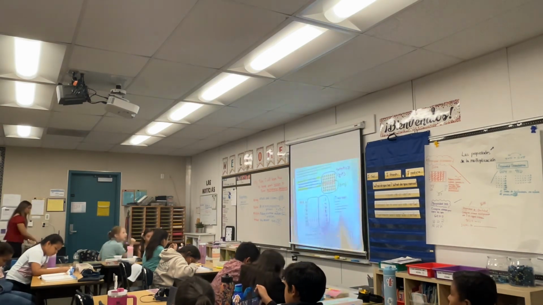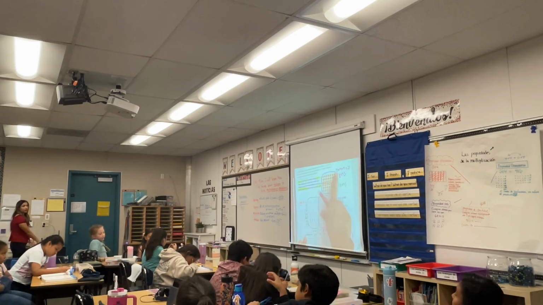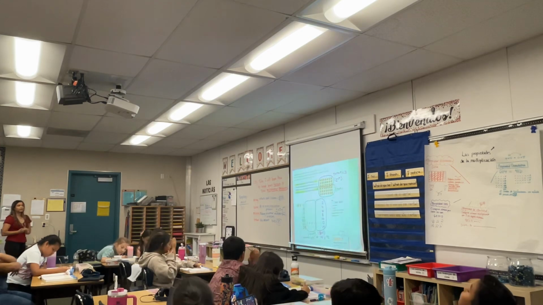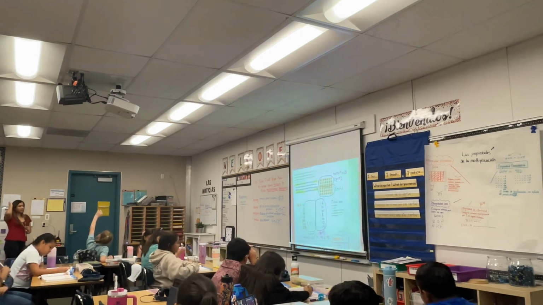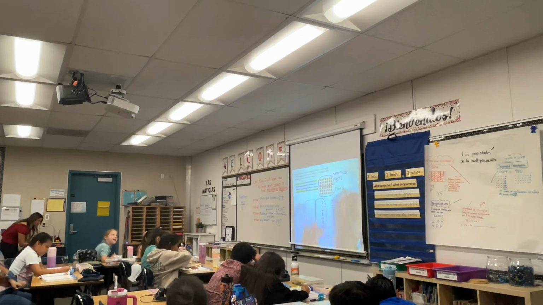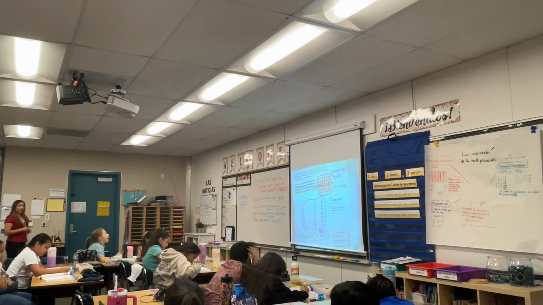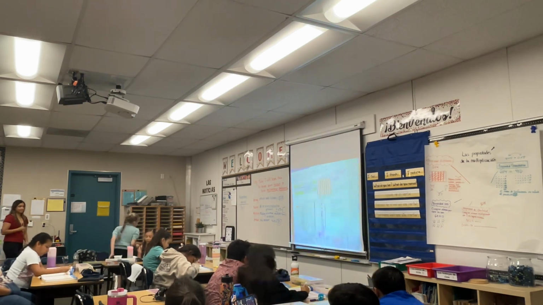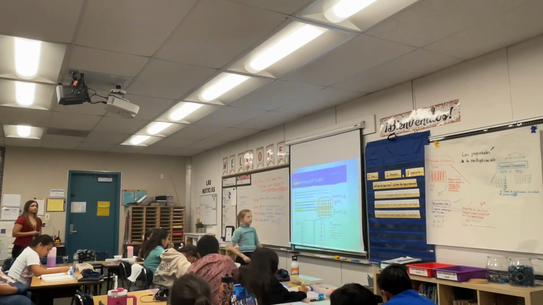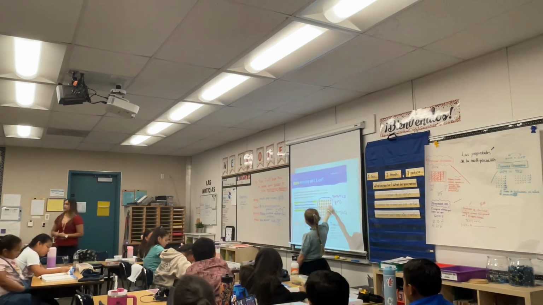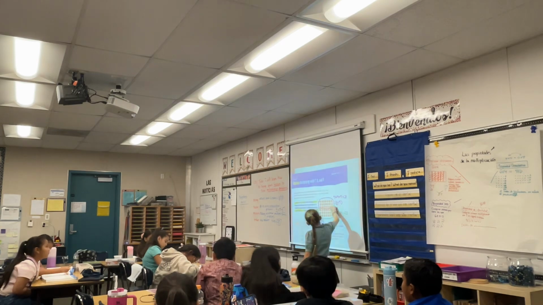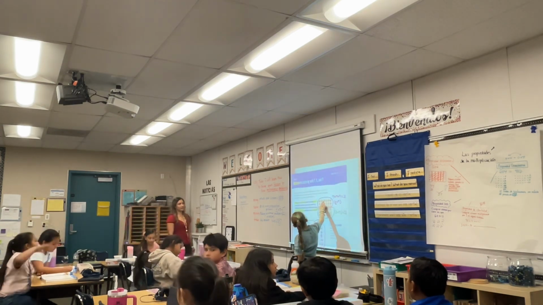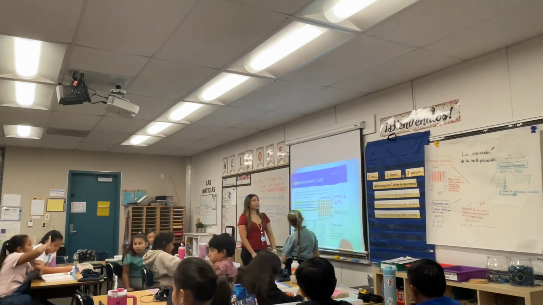So if the top array is 21, how much is the bottom array? Olivia? 21 too. And we know this because they're the same.